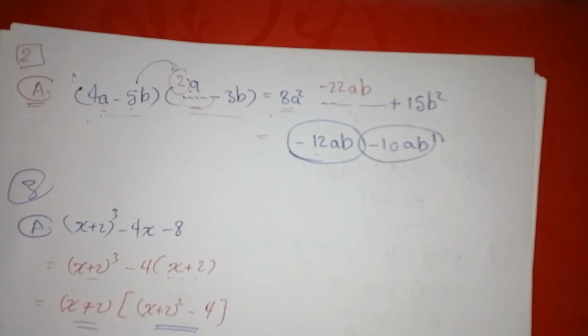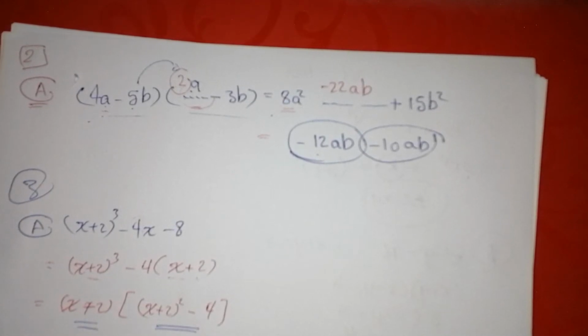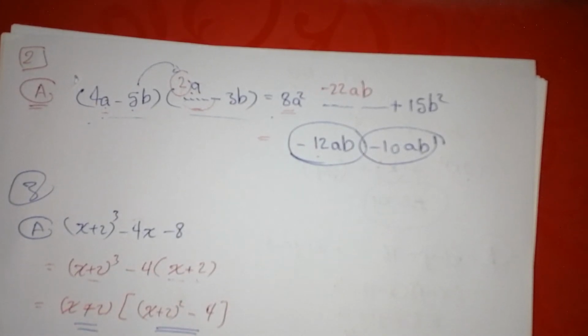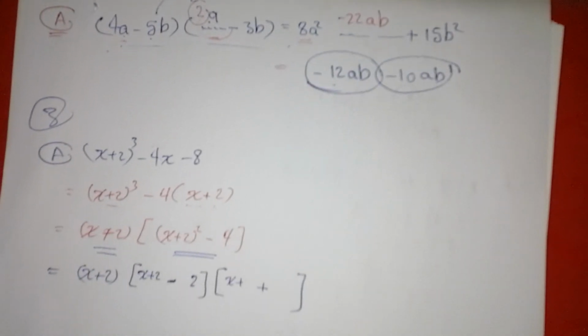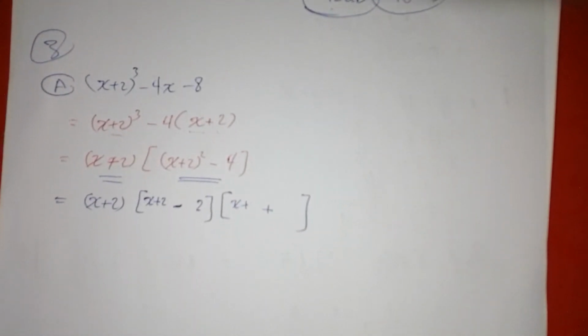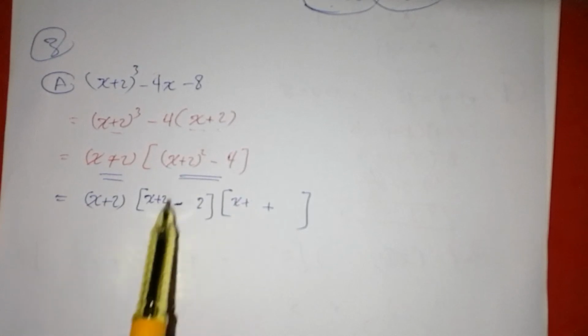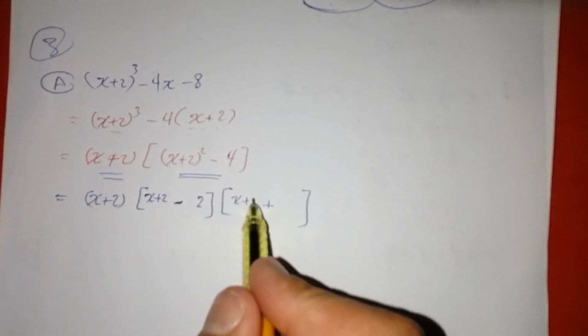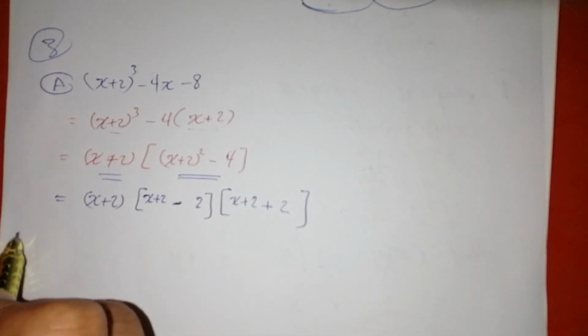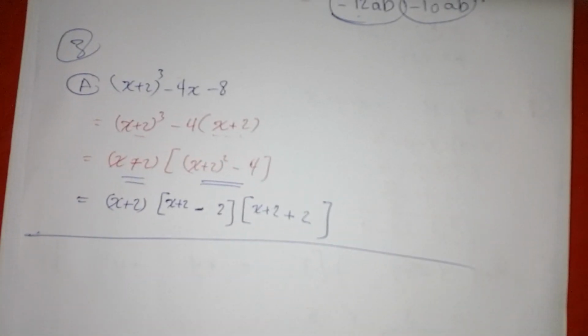So x plus 2 will be written again outside the brackets, and then inside the brackets we factorize as a difference between two squares: two brackets, one of them minus and the other plus, and the first term is x plus 2 and the second term is 2. Again, x plus 2 and the second term is 2, and that's the end of factorization of this question.